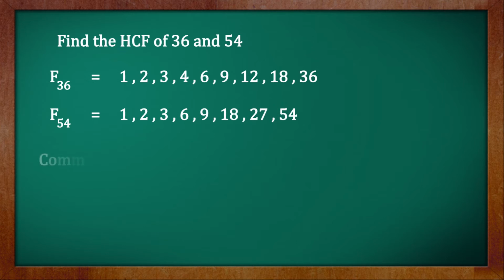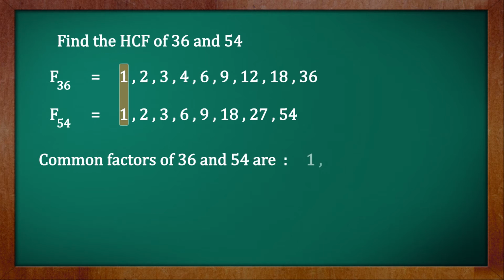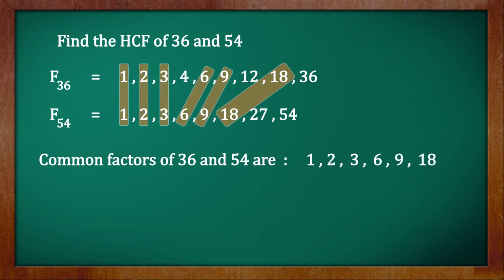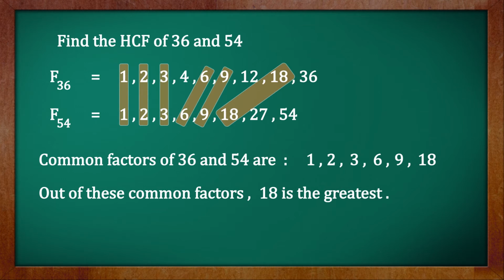The common factors of 36 and 54 are 1, 2, 3, 6, 9 and 18. Out of these common factors, 18 is the greatest. Hence, the HCF of 36 and 54 is 18.